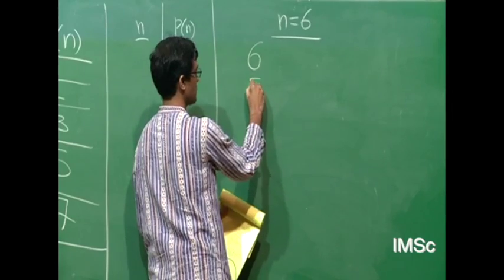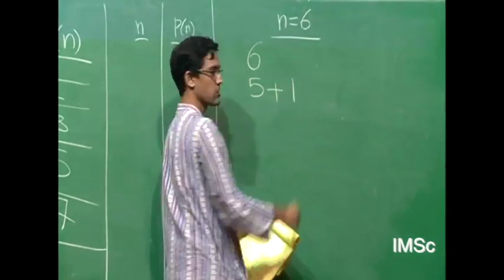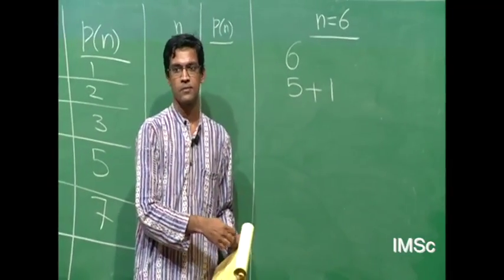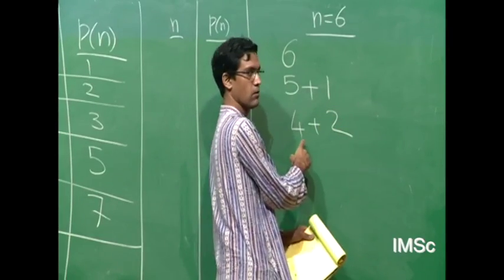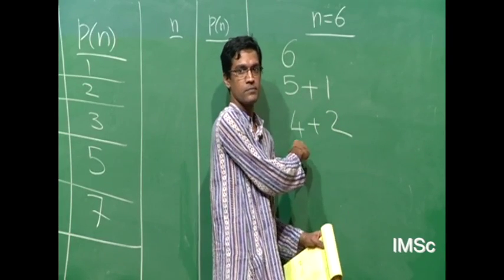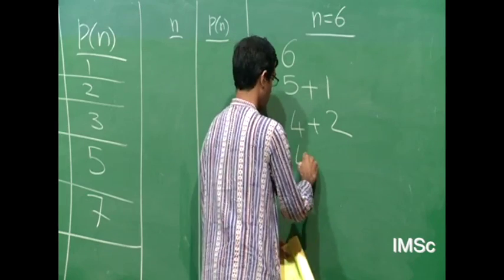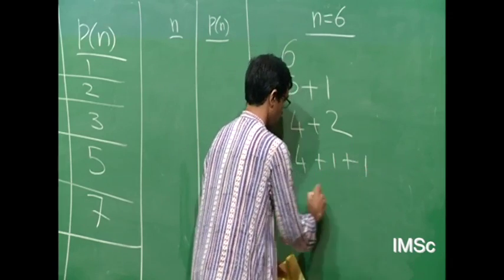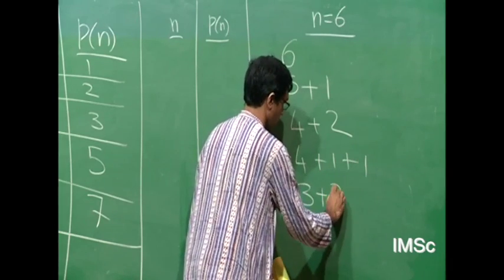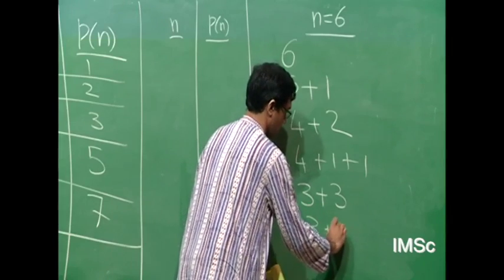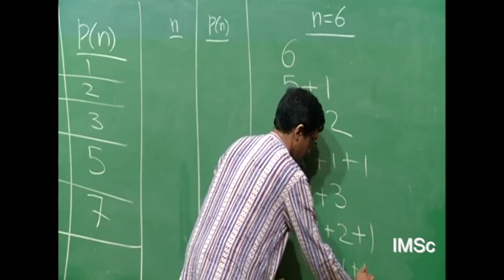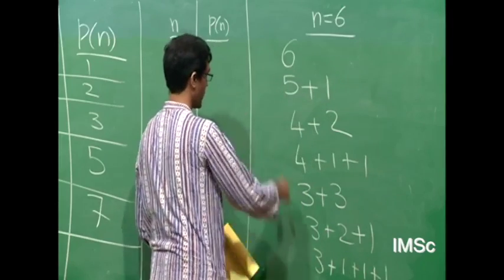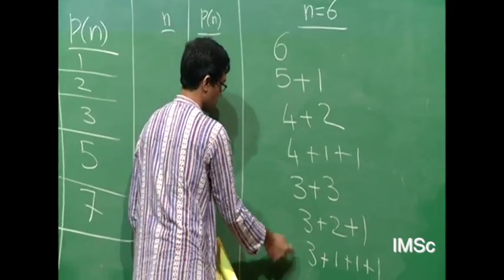Maybe you can shout out the partitions. 5 plus 1. Any more which involve 4? Okay, 4 plus 1 plus 1. 3 plus. Okay, so how many did we get? 1, 2, 3, 4, 5, 6, 7.